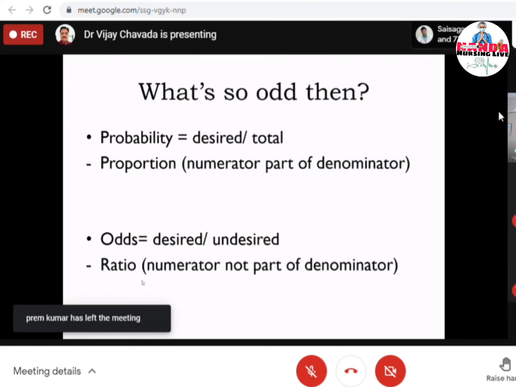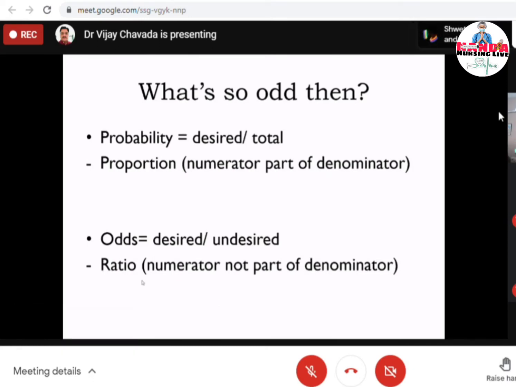This is probability. But odds is desired against undesired. So it is a ratio. The numerator is not a part of the denominator in case of odds, whereas numerator is a part of the denominator in case of probability, right? So desired upon total is probability, but desired upon undesired is odds.